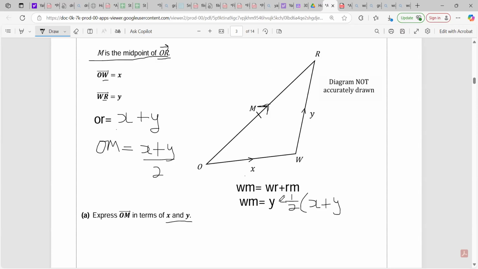So what we have to do is expand the bracket. We're going to say Y, and then we times a half by X. Negative a half times X would give us negative a half X.